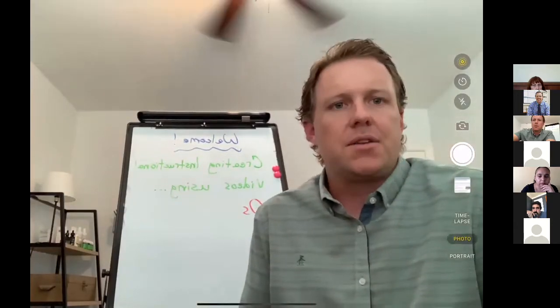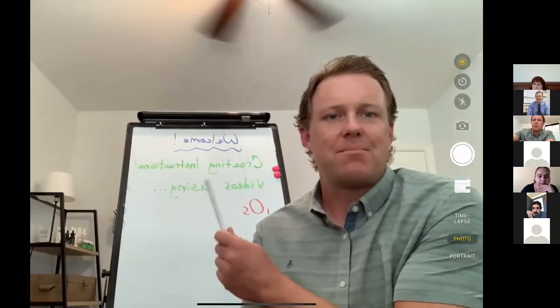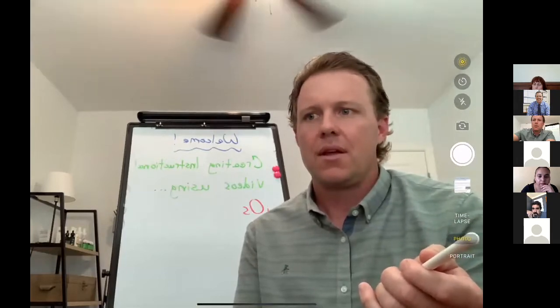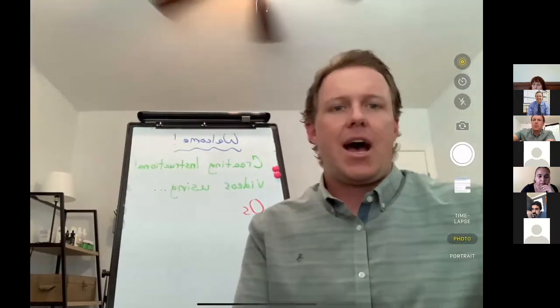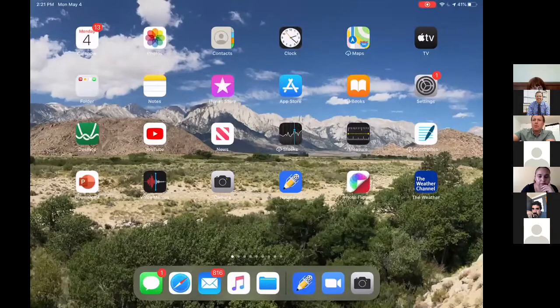But as you'll notice, everything is backwards because it's just mirroring what shows on my screen. And so in order to fix this, there is an app called Photo Flipper. You'll see it right here.